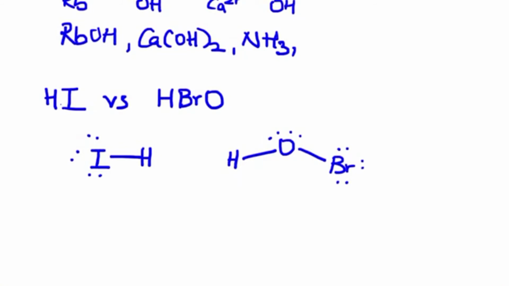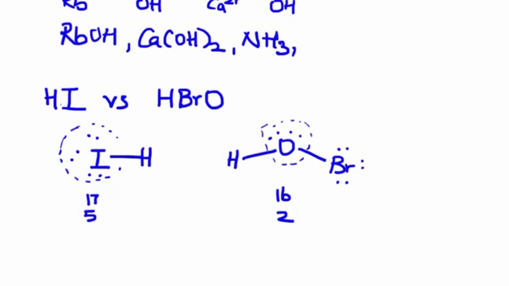So by comparing the Lewis structure and also noticing first that iodine is actually a group 17 atom versus that of oxygen, which is in group 16, and also looking at the period, which is period 5 versus that of 2, we actually notice that the size of iodide is way bigger than that of oxygen.